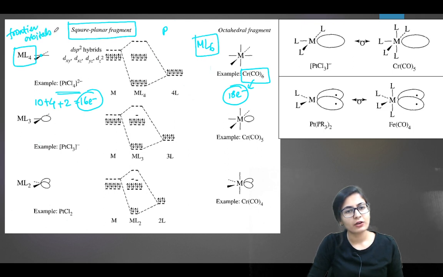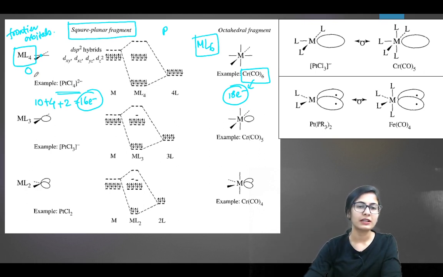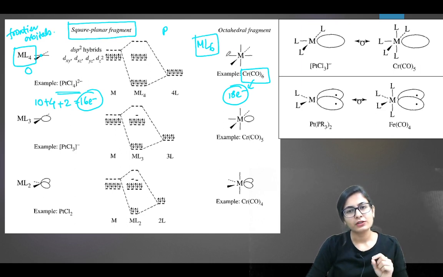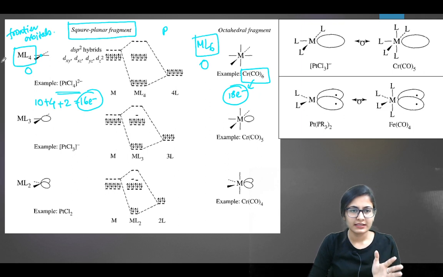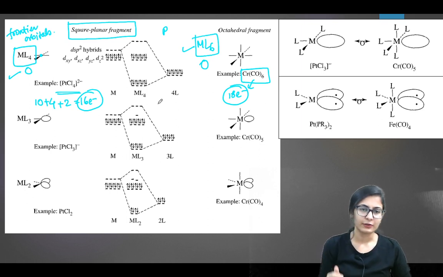Okay, so the frontier orbitals are 0 in the case of ML4, which it can use for donating the electrons to the other fragment. It is 0. For the octahedral, it is 0 once again. So in this comparison, we are saying that because the frontier orbitals are 0, we are having both of these species isolobal.